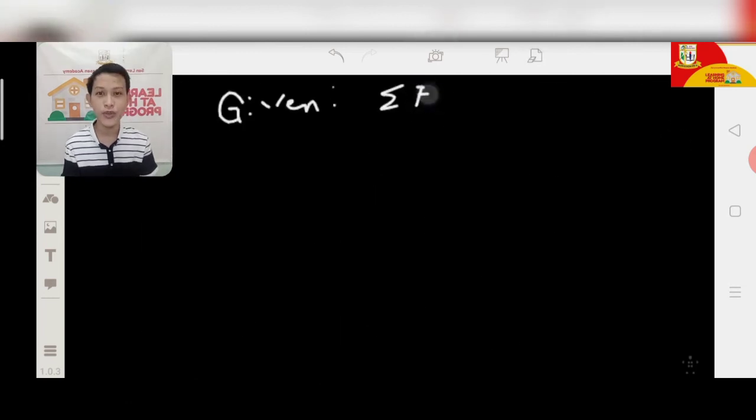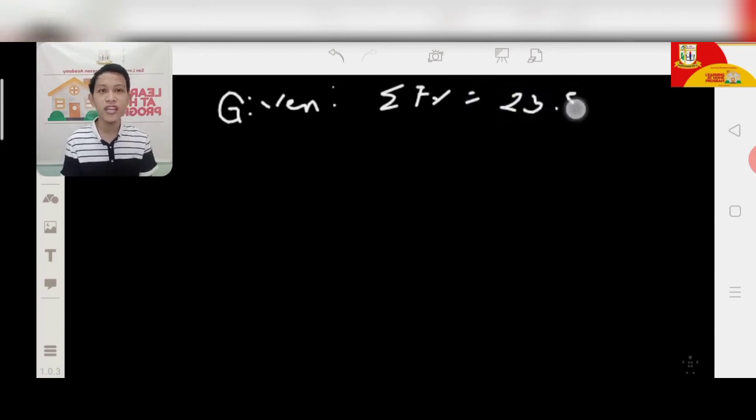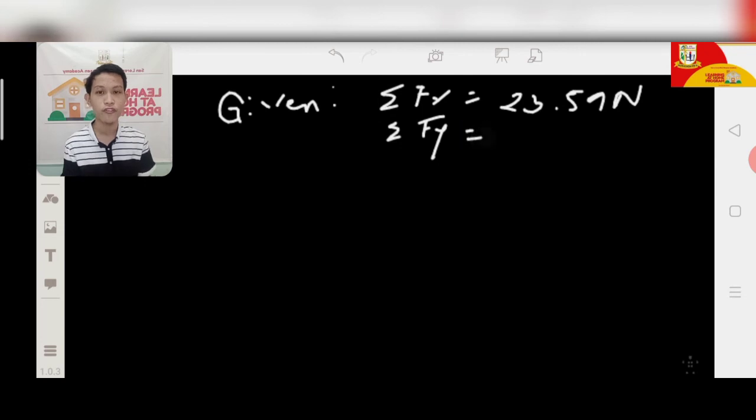Now we have our new given values, which are summation of f of x, or the horizontal component, 23.59 newtons. And for the summation of f of y, or our vertical component, we have 6.34 newtons.